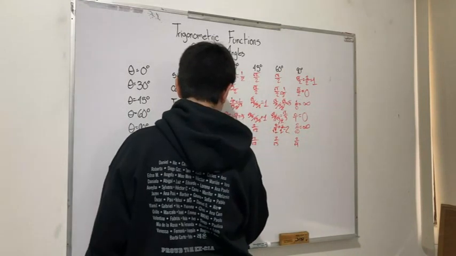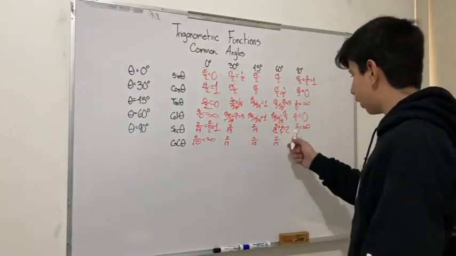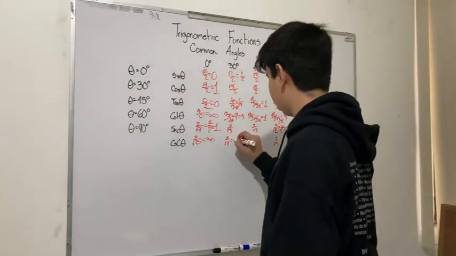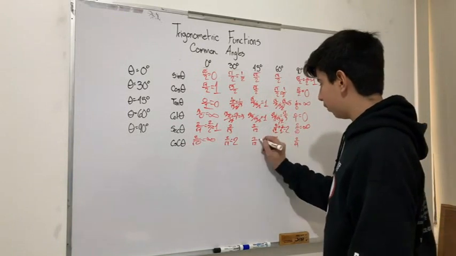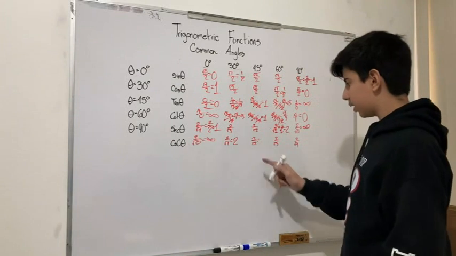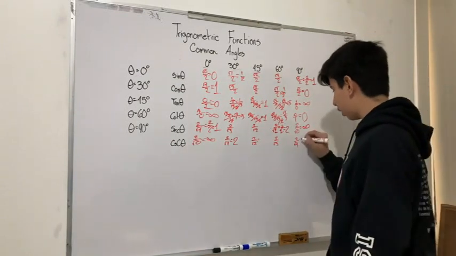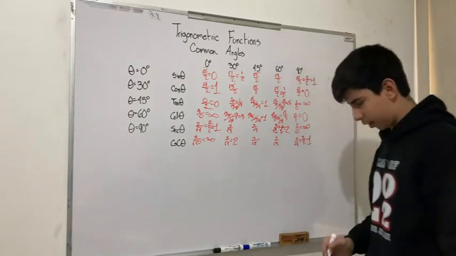Any number divided by 0 is infinite. 2 divided by the square root of 1, as we have here, is equal to 2. This cannot be solved, like these ones, without a calculator, and this will be as simple as 2 divided by 2 is equal to 1.